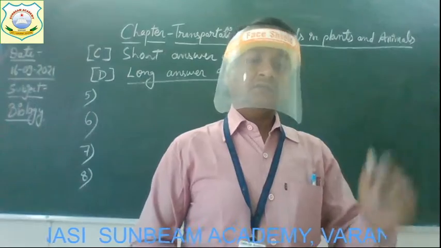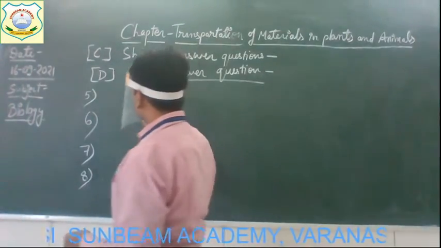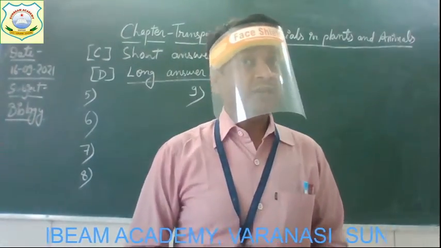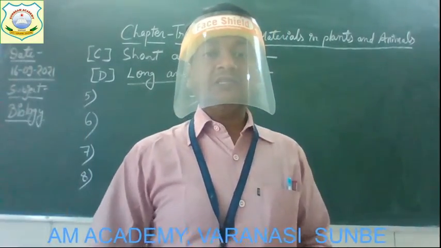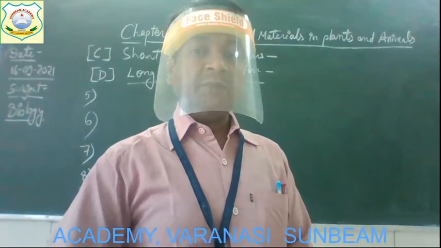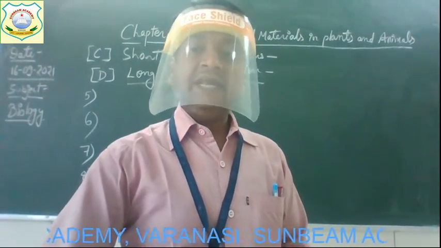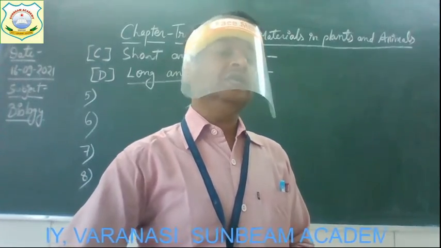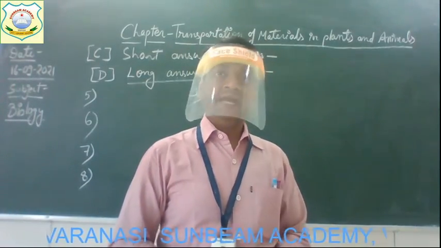Get it? Now come to the next question, number 9. And question number 9 is: what processes take place during the period when the blood enters the kidneys till the urine leaves the body? Understood?